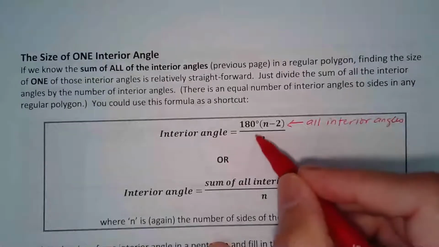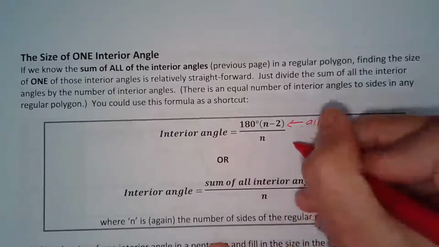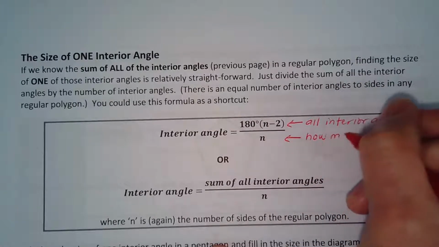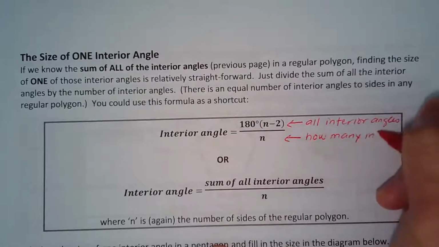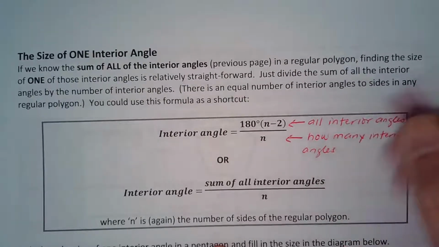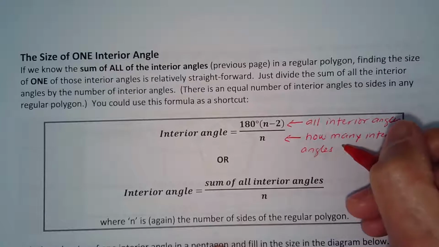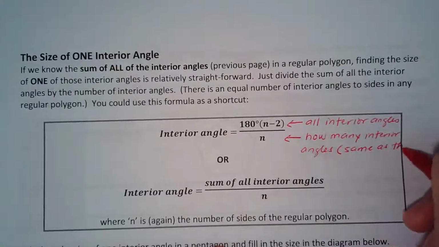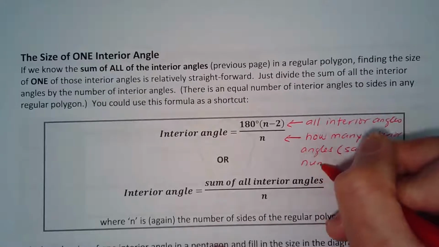And then we divide it by how many interior angles, which is basically the same as the number of sides.